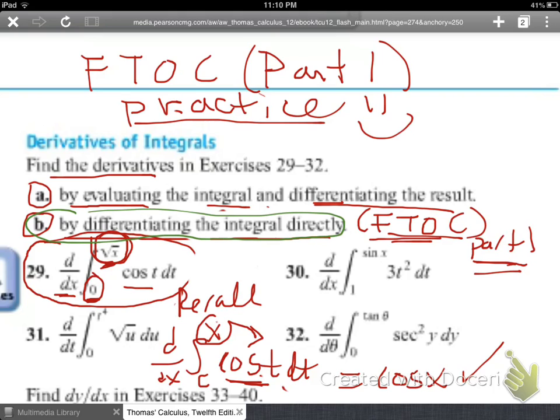Now what happens if you were to actually integrate, because notice what it says, the derivative of the integral of the function. So what if you actually took the integral of the function and then differentiated that result? Let's experiment with that.